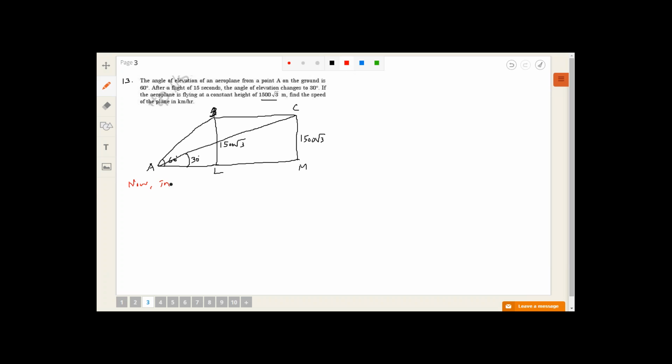Now in right triangle BLA we have tan 60 equal to BL by AL, that is equal to 1500 root 3 by x.